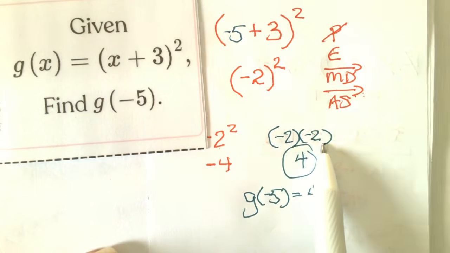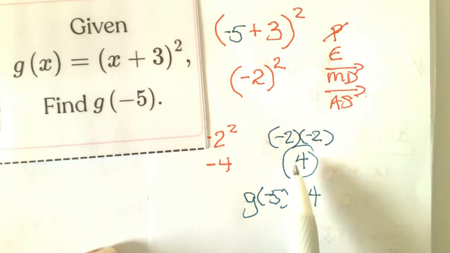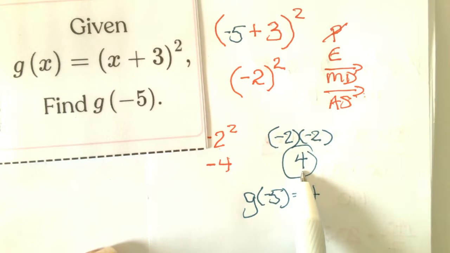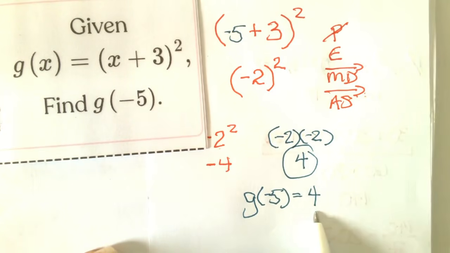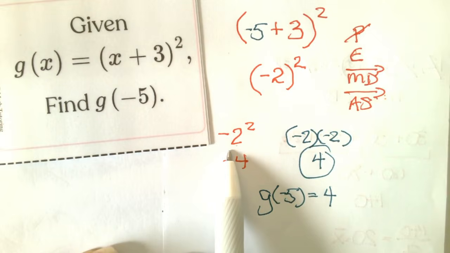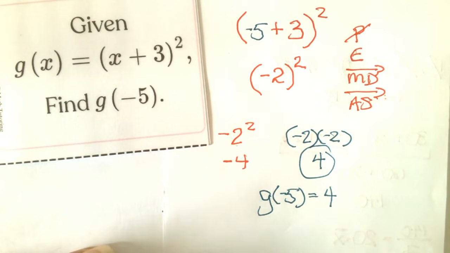So negative 2 times negative 2, a negative times a negative gives me a positive, and 2 times 2 gives me 4. Okay? Did you get that, Falco? So that's why it's a positive 4. If you typed in your calculator without putting parentheses around the negative 2, that's why you got a negative 4. Okay? It is the power of parentheses.